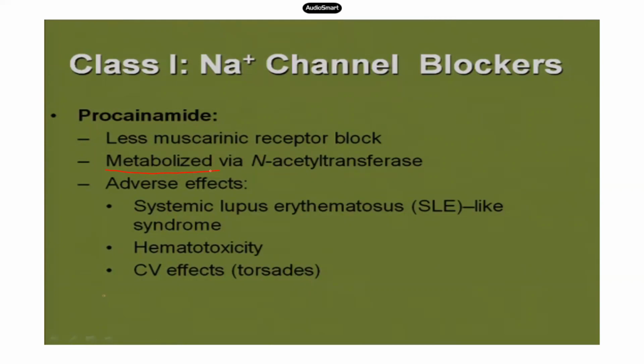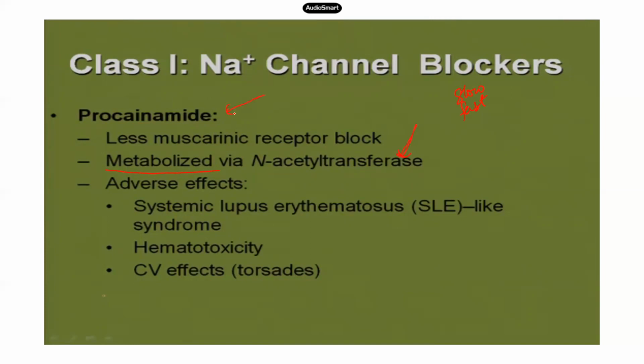Now it gets metabolized by the process of conjugation via acetylation. Now, in the local anesthetics chapter, I have told you that we have got sulfonamides, and we have got other drugs also that are slow and fast metabolizers. Now, the concept of slow and fast metabolizers also comes here in procainamide.